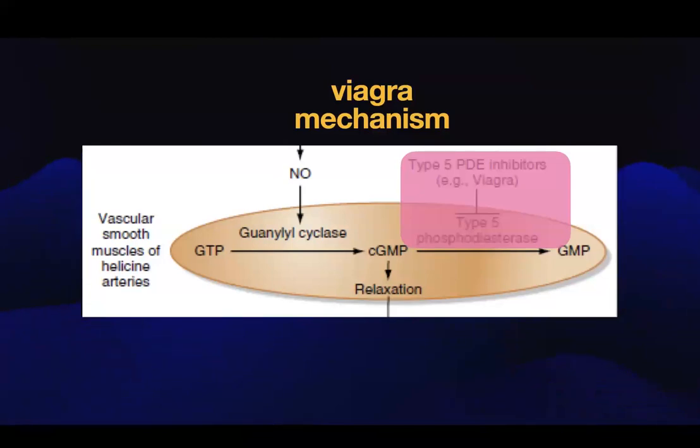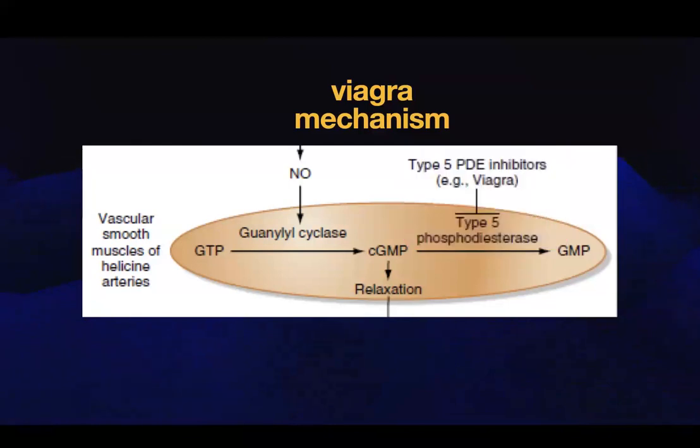So this is a very, very high yield topic that is frequently tested and assessed in STEP exams, and it's the mechanism of Viagra. If we know that cGMP is the muscle relaxer, we know that cGMP is not going to last forever within the smooth muscle cell. There's something called a phosphodiesterase, a type 5 phosphodiesterase, that breaks down cGMP and prevents the relaxation from going on for too long.